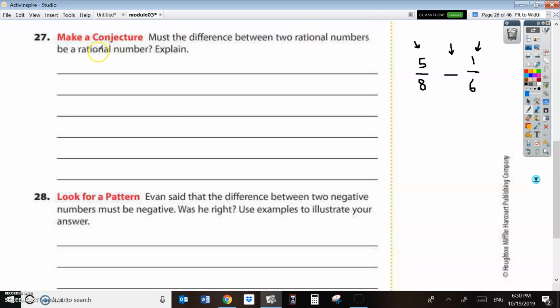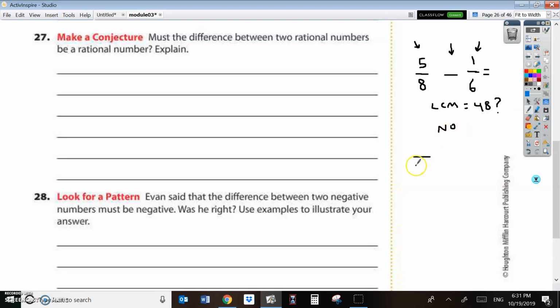So will the answer to this problem be a rational number, or will it be a fraction? Explain. 8 and 6. What's the least common multiple? Is it 48? 8 times 6 is 48. Is that the LCM? Nope.